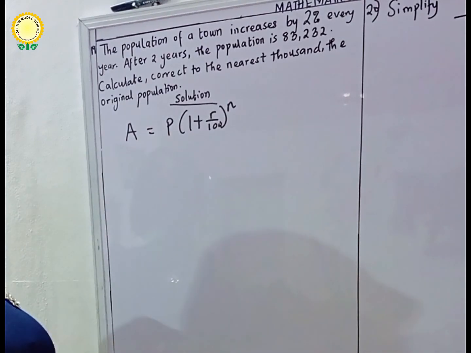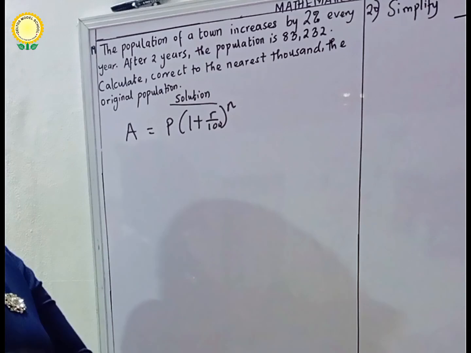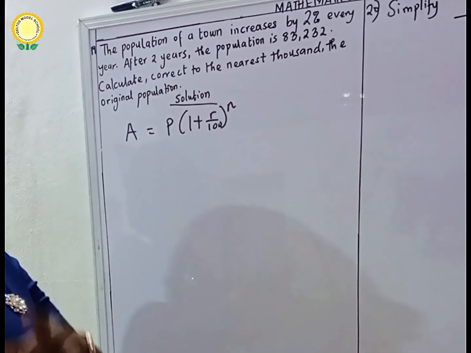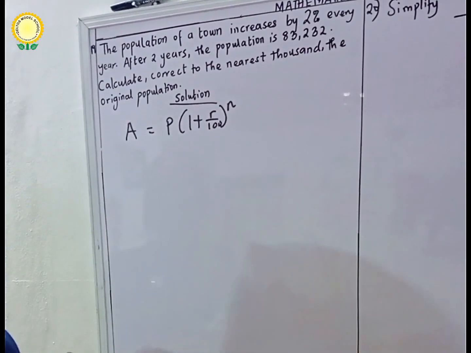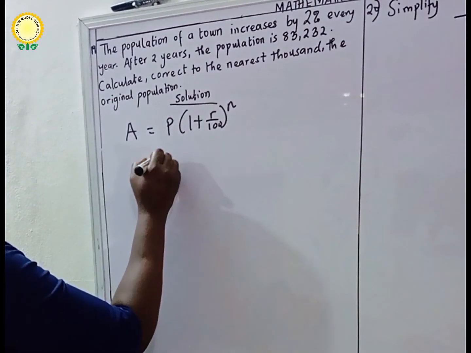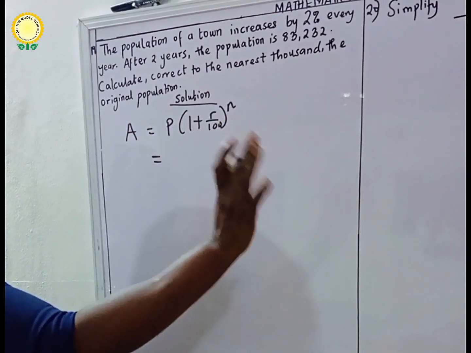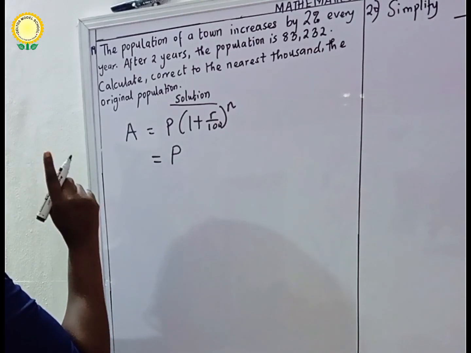So this P now will represent the population originally, the original population, just like you have original amounts, then the amount after the interest is the population after the increase. So we have A equals, so I'll use this same formula to solve it because we are dealing with exponential growth. So P is what we don't know, the actual population.